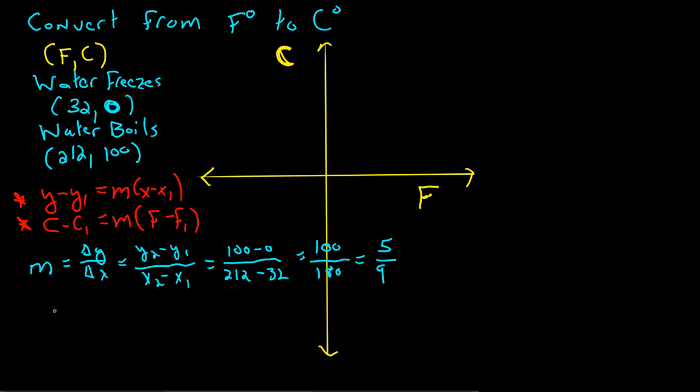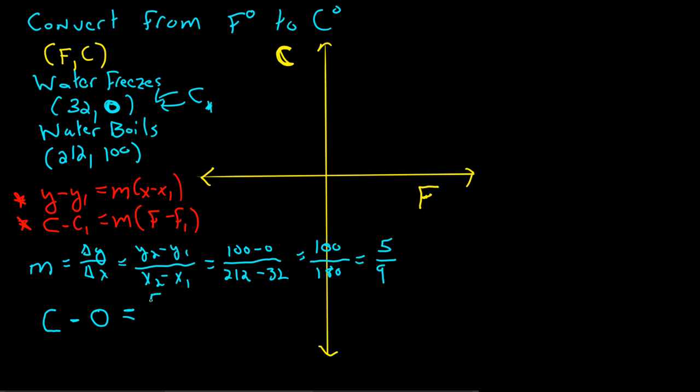All right, so we're going to have C minus, well, for C1, I'm going to use 0, because that's a nice 0. Because again, I could use either. I could do 100 and 212. I'm trying to make the maths a little bit easier for me. So I'm going to use the 0 here.